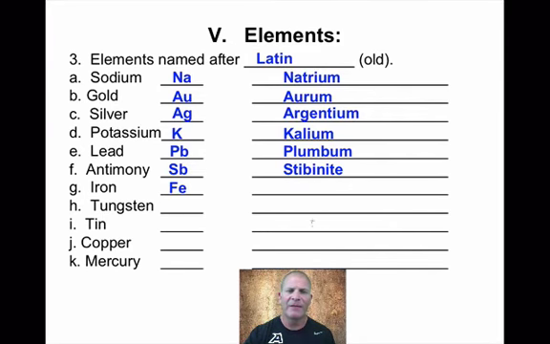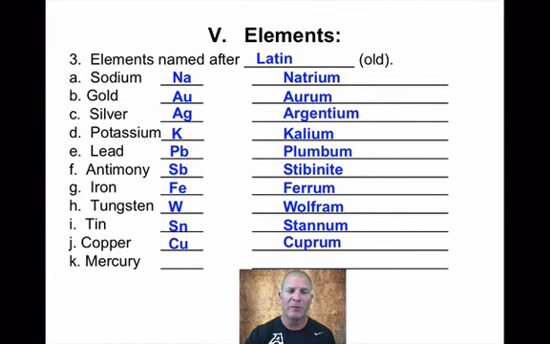Iron, Fe, ferrum. Tungsten is a W, which is from a German root, wolfram. Tin, Sn, is stannum. Copper, Cu, is cuprum, and mercury, Hg, is hydrargyrum. Hydro meaning liquid and argyrum, metal, so liquid metal.